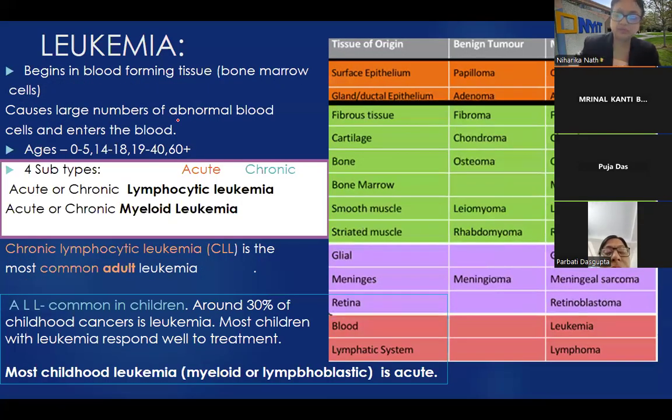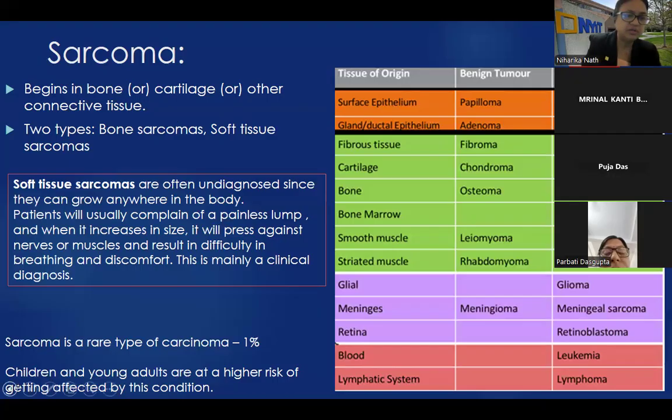You see this here. It can be in the bone or it can be in the cartilage. And if it's not in the bone, the rest we just call soft tissue. So soft tissue sarcoma. Two types: bone sarcoma and soft tissue sarcoma.